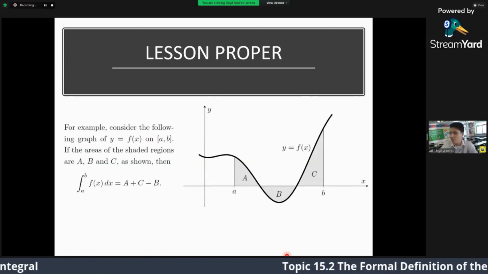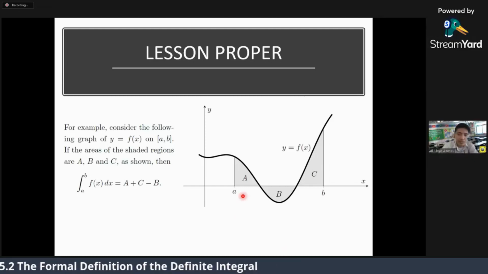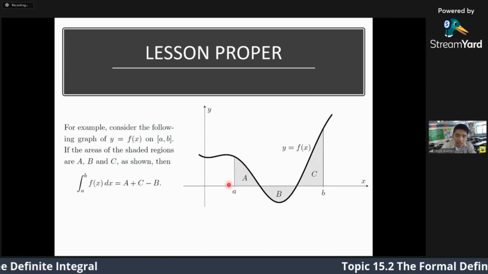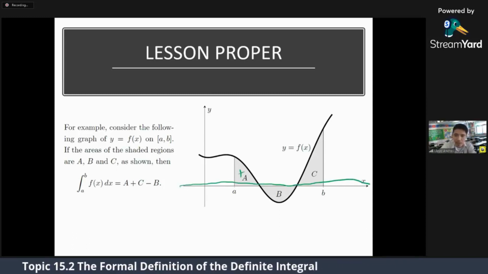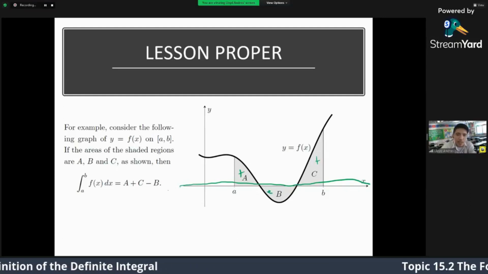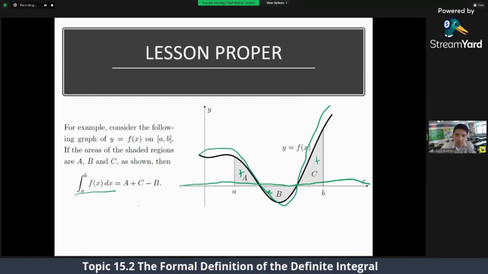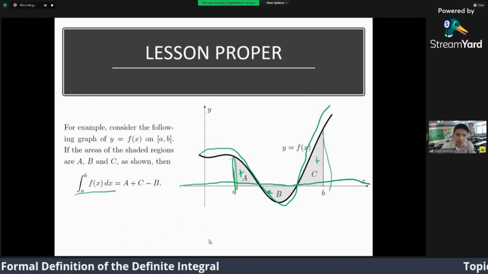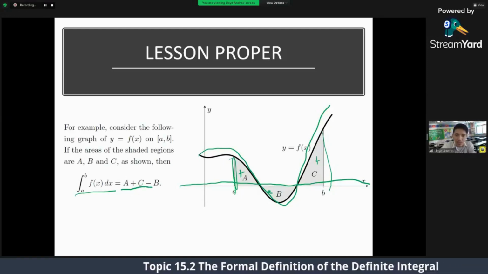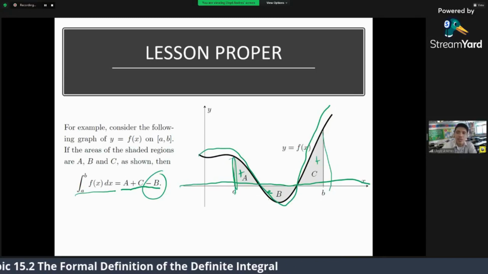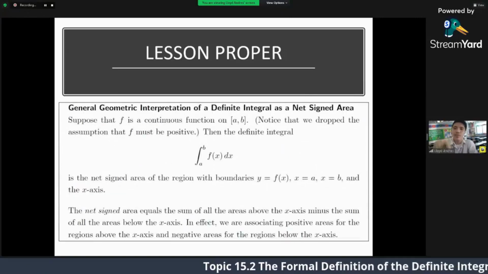So, this is the illustration. For the areas above the x-axis, this is our x-axis, all the areas above are positive, and below it they are negative. This is our f of x, this curve. The integral from A to B is just equivalent to positive A plus C minus B, minus B because it is below the x-axis. That is the geometric interpretation of the definite integral.